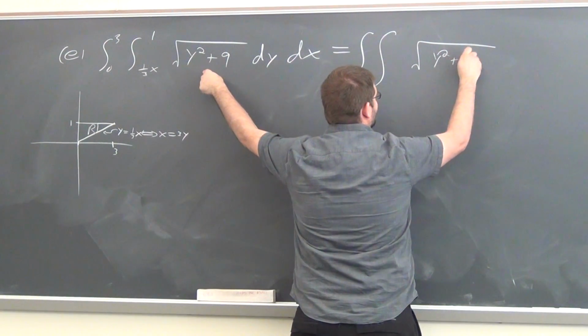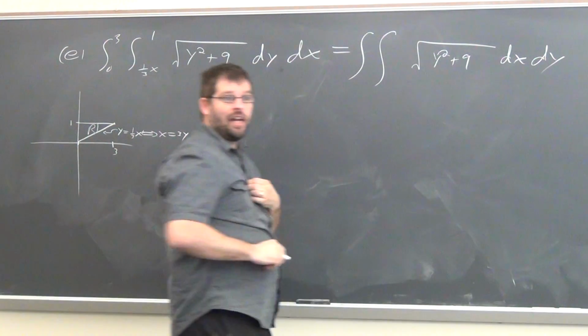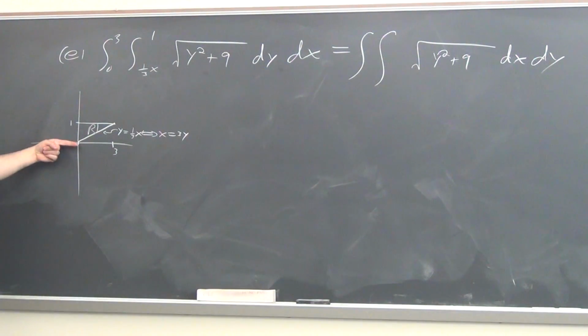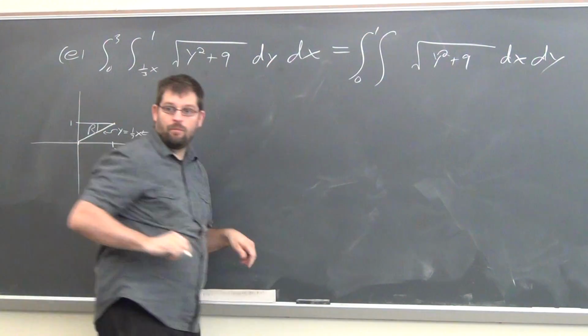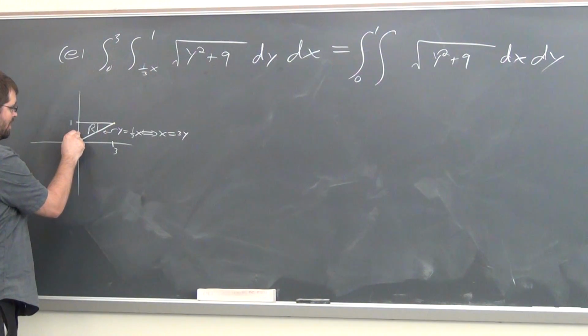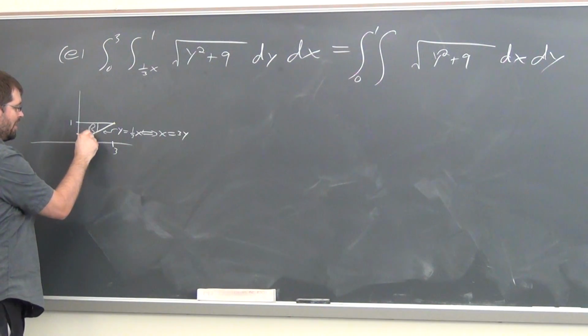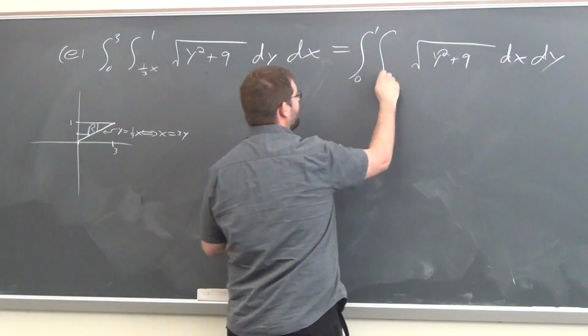It's square root of y squared plus 9, but now we're going to do dx first and then dy afterwards. Where did the y's go from on the outside? 0 to 1, right? And then for a fixed y, the x's go from 0 until they hit that curve now, so from 0 to 3y.